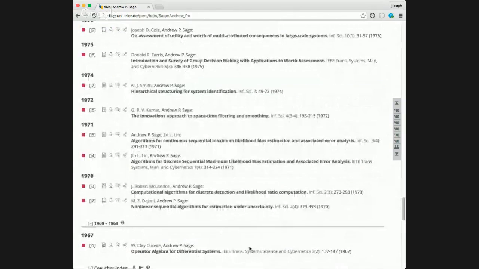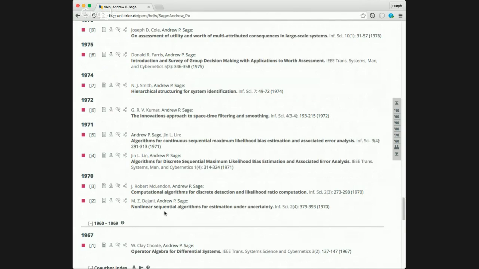Let's see, okay, so we have 1967, operator algebra for differential systems, which is a type of circuit and mathematical approach.